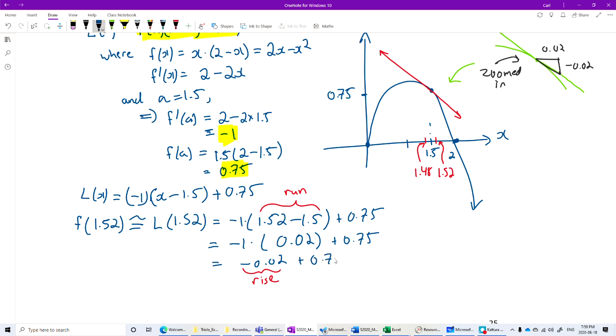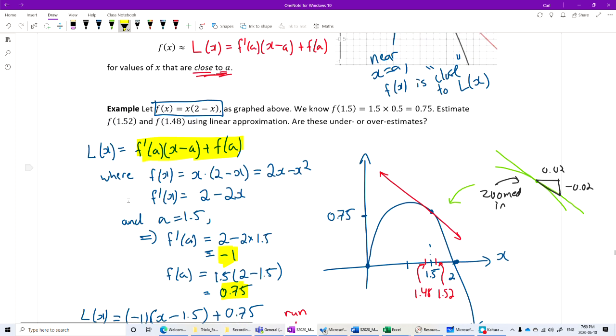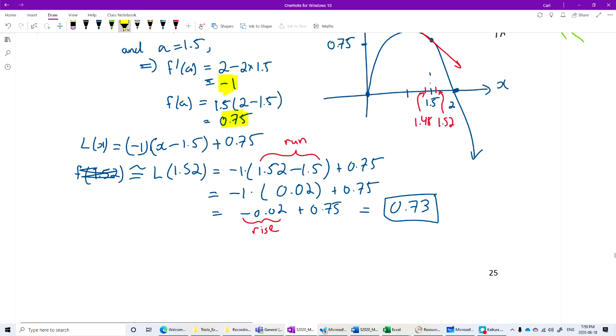So I'm going down from 0.75, and I get 0.73. Okay, so what I found, whoops, I'm trying to highlight it, but I scribbled on it. Let's see if I can fix that. Uh-oh, okay.